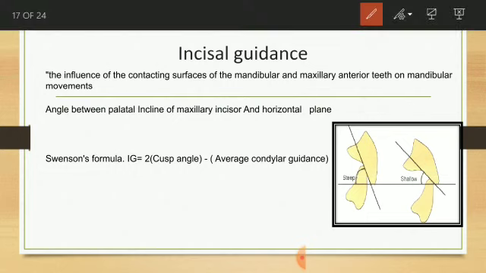In the first figure we can see the steep one and the second is the shallow one. In the steep one we can observe that the maxillary incisor is more vertically placed compared to the second figure. As it is more vertically placed, the palatal incline is also more vertical. As it is more vertical, the angle is steeper. And as this is less vertical, the angle is shallow.